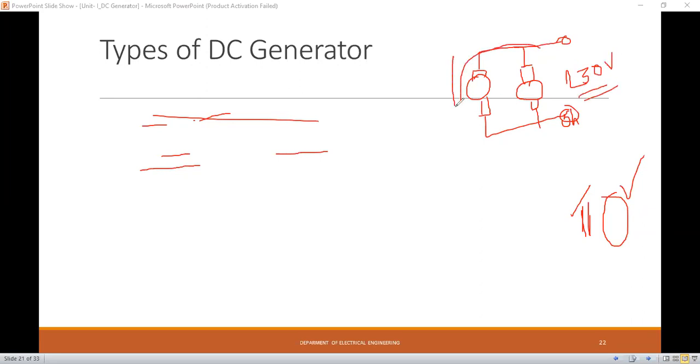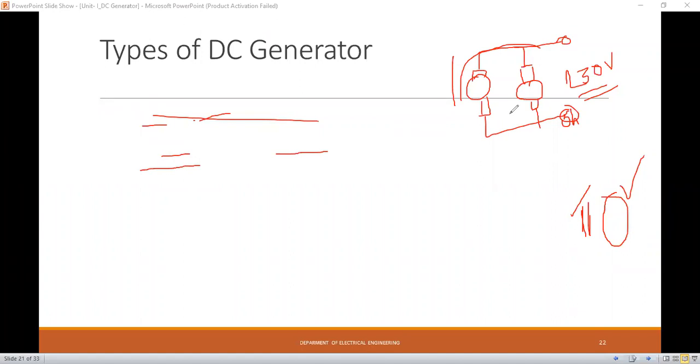So what is the voltage across each machine? Can anyone tell? If the machines are connected in parallel, then the voltage across each machine is the same, no? So in a parallel combination, the voltage across each machine will be the same.